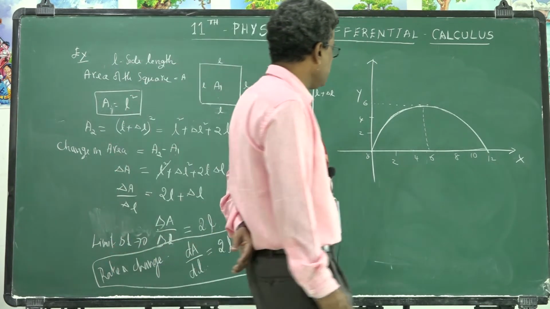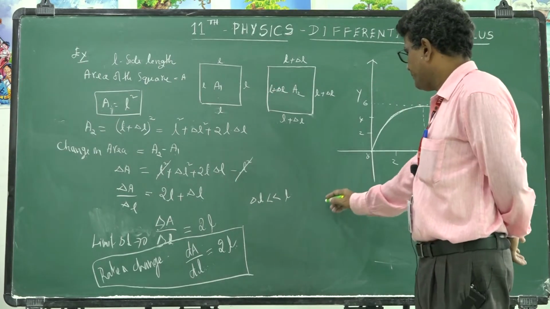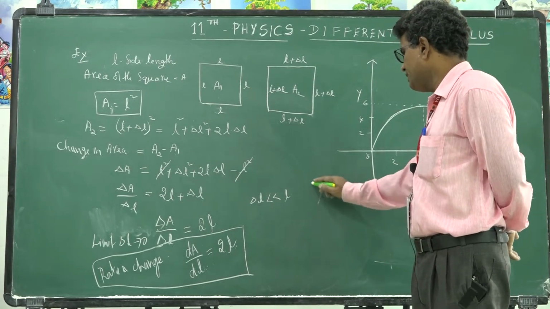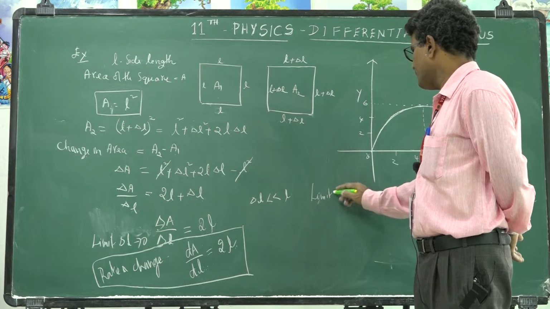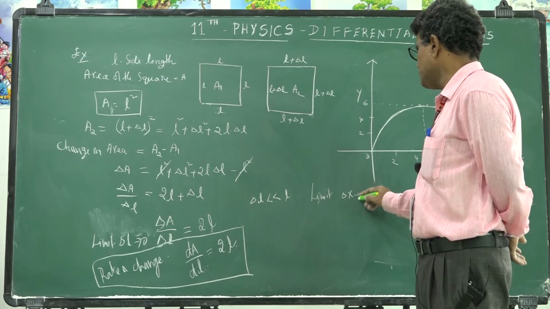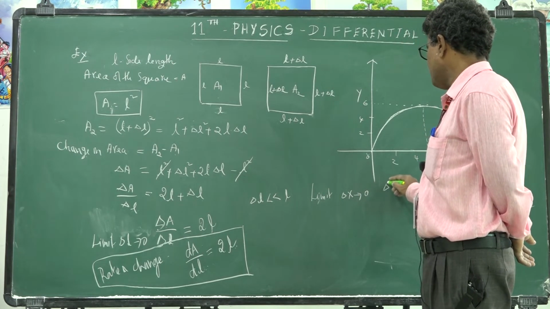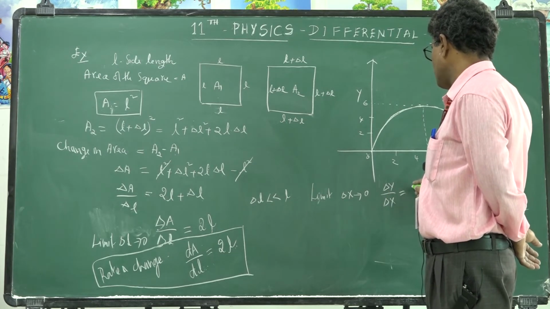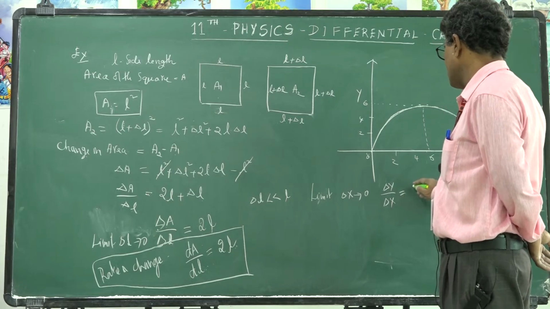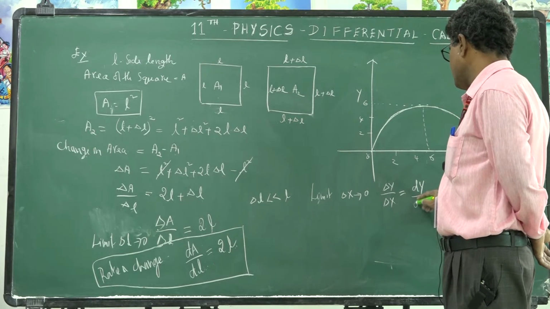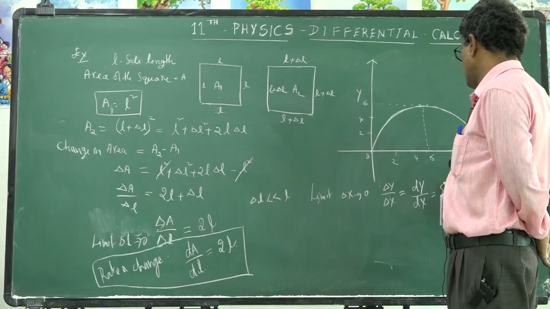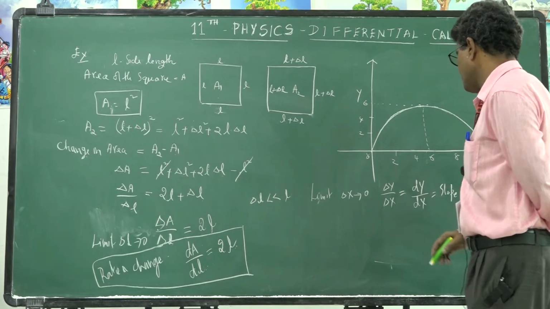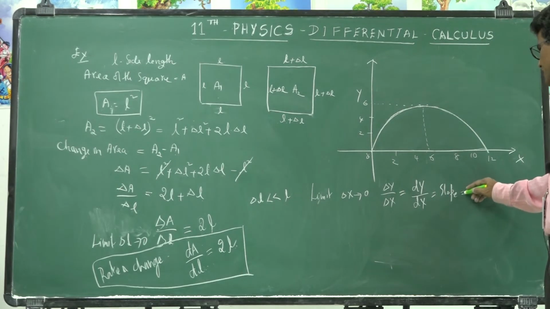So how can we write this? As the limit delta x tends to 0, delta y by delta x gives the slope of the curve, that is dy by dx, which is equal to the slope. What is the meaning of slope? Tan theta.